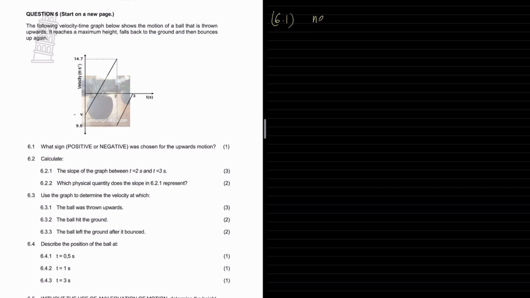So negative. And how did I get that? Because I'm looking at the slope here, and I can see that that is a positive slope, and I know that the slope is the acceleration. Since acceleration is 9.8 down, up must be negative.